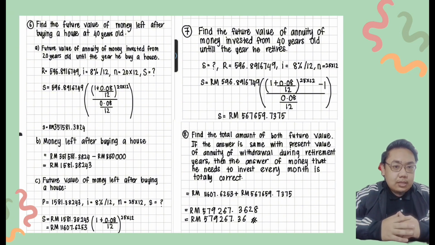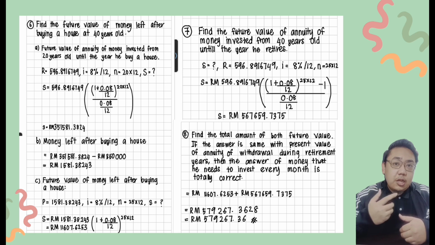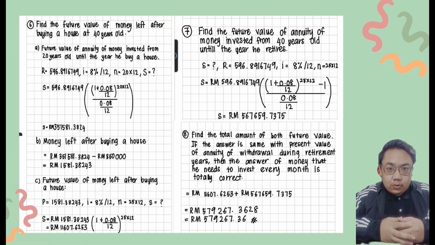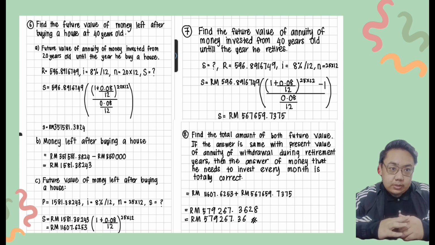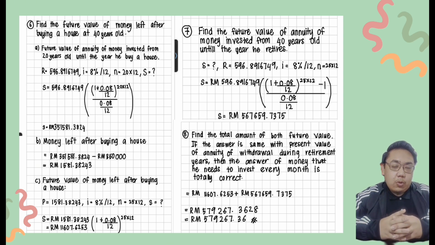Step number 1 is you need to find the future value of money left after he bought a house at 40 years old. How to find it? First, you must find the future value of annuity of money invested from when he is 20 years old until the year he buys a house. When you get the answer, just minus the price of the house.